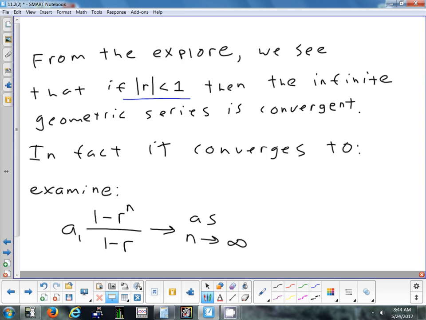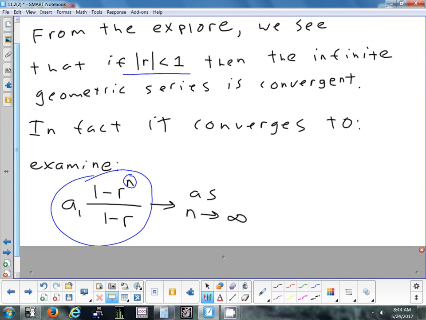So if we want to figure out what is it converging to, we want to come up with a formula. Let's start with the formula for a finite geometric series, and let's look at what happens when n gets really, really big. If this formula represents something that's going to converge, what do we know about r?